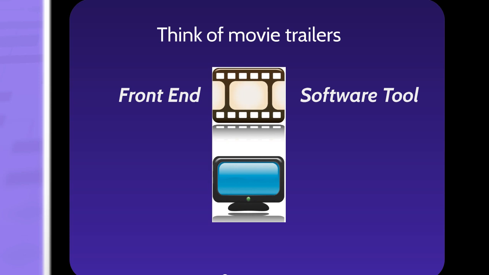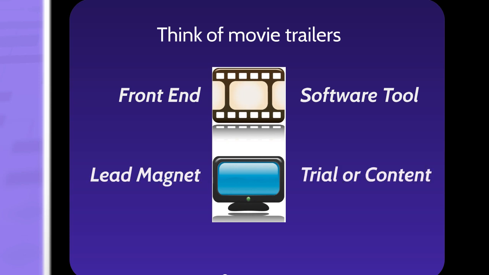If it's a piece of software, then we start with the front end offer, we move backwards, and then of course we create the lead magnet. The lead magnet could be a software trial or a software demo that shows a piece of the whole. So they can check it out, they can use it.